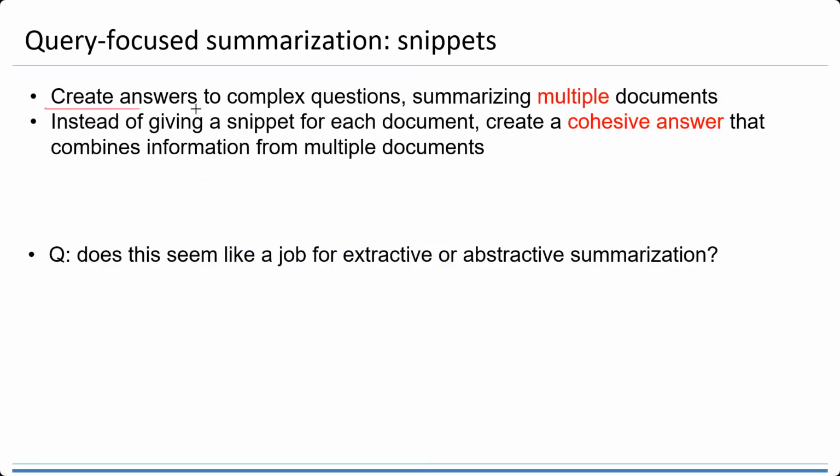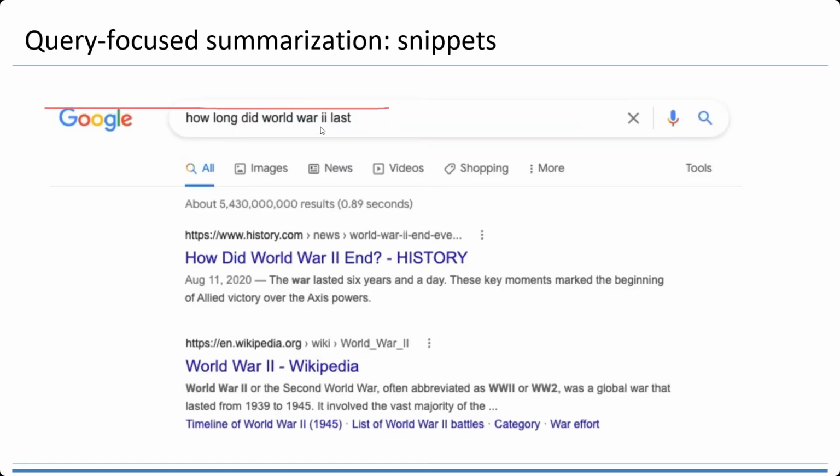With query-focused summarization, we will create answers to complex questions. Sometimes we can ask like this: how long did World War II last? Or maybe you will ask, when did World War II start?